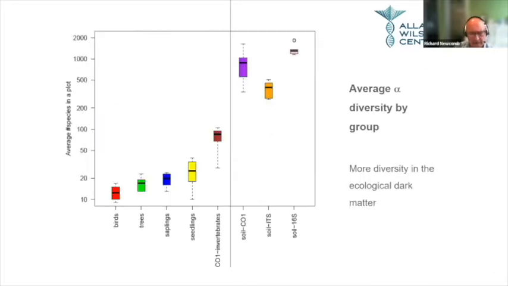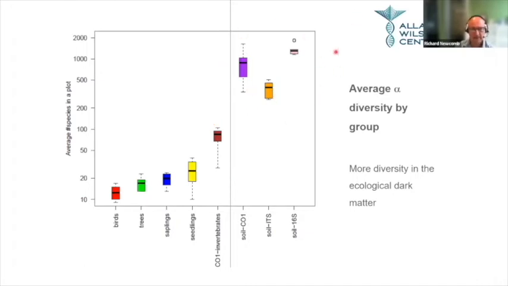Here we've compared some of the classical ways of estimating biodiversity in birds, trees, saplings, seedlings, and invertebrates using our CO1 sequence data, Sanger sequence data, with next generation sequencing from the soil.